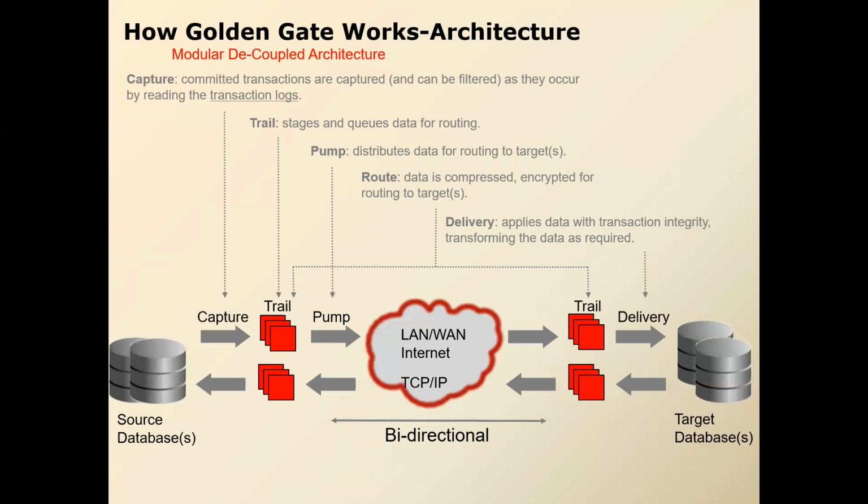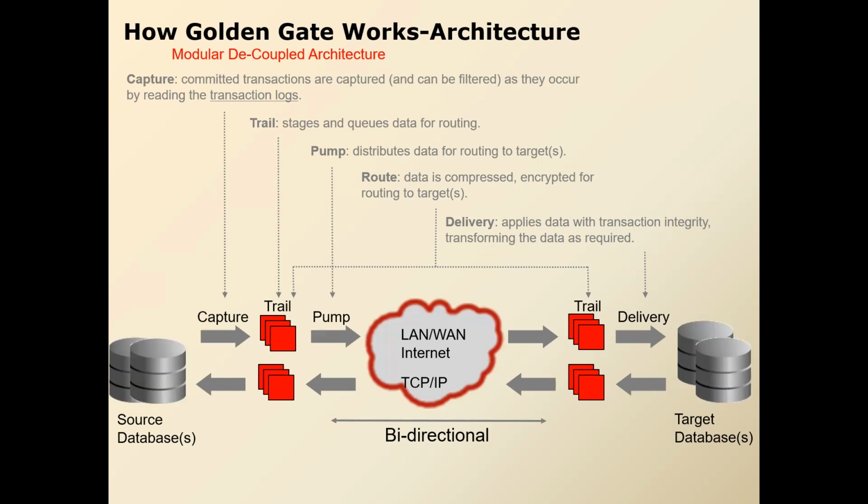Once the data is available in the local trail, the data pump process will write the data to the remote trail, and then the Replicat process on site1 will apply the data to the site1 database. Okay, so this is how your Goldengate architecture looks. Now, I was talking about there are two types of extracts: integrated extract and classic extract.